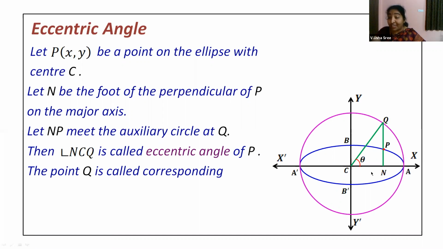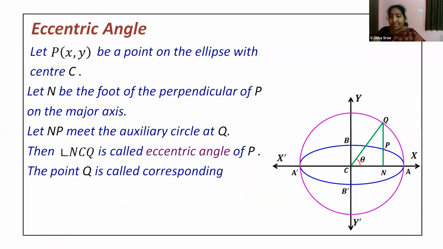We'll go with the definition again. You are dropping a perpendicular from a point P, which is on the ellipse, onto the major axis, and the foot of the perpendicular is N. This perpendicular also touches the auxiliary circle at point Q. The point where the perpendicular meets the auxiliary circle is joined to center C. Then this line makes an angle theta with the major axis.